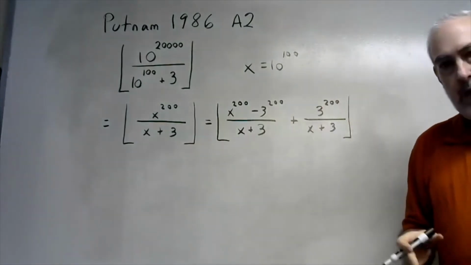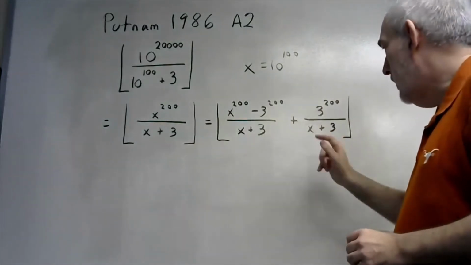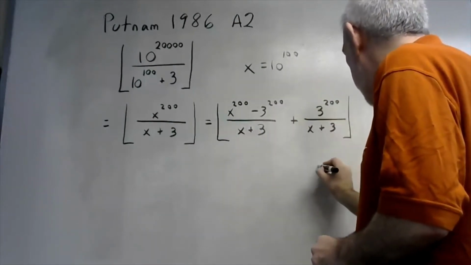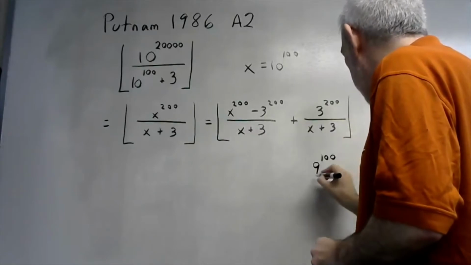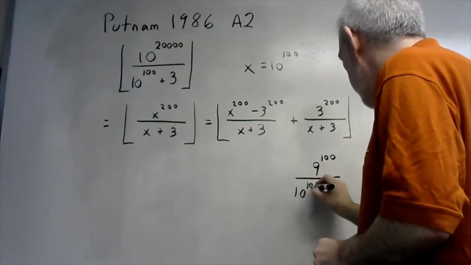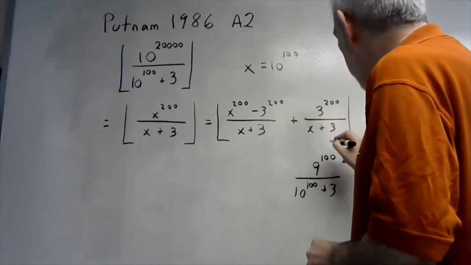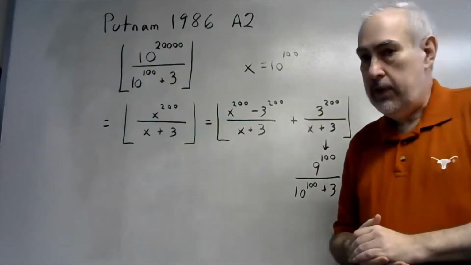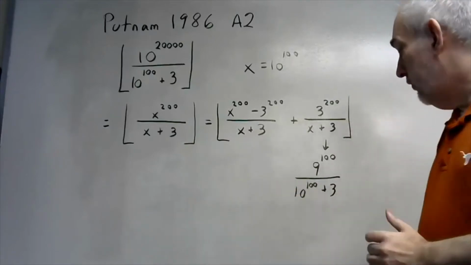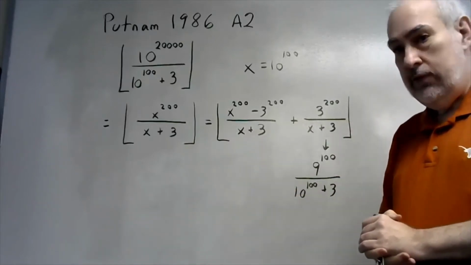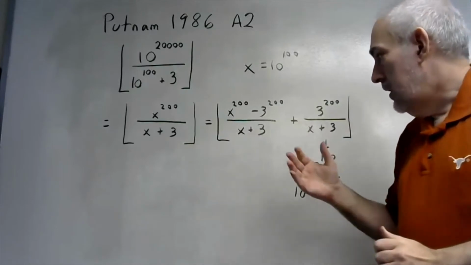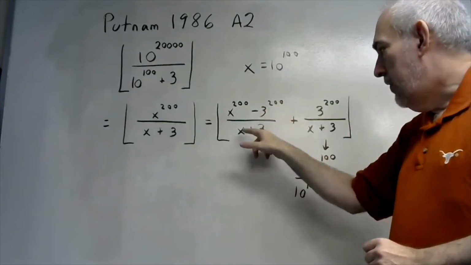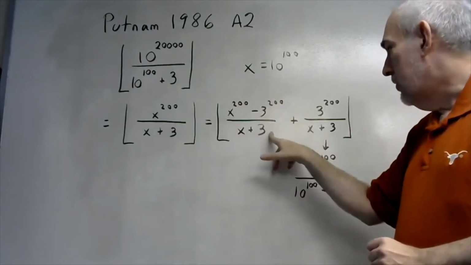Okay. Now what we can do is we can look at this part right here. Because x is really 10 to the 100th, and 3 to the 200, you can simplify into 9 to the 100. So this part of the problem becomes 9 to the 100th over 10 to the 100th plus 3, which is obviously bigger. So this is a fraction between 0 and 1. And this part, because that's an integer and that's an integer, and this divides into it, it's all going to be an integer.